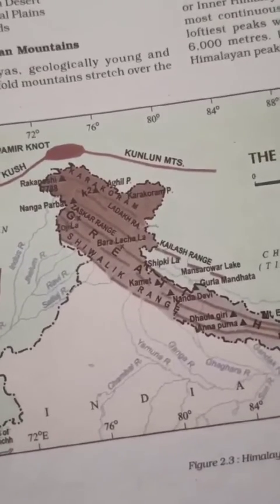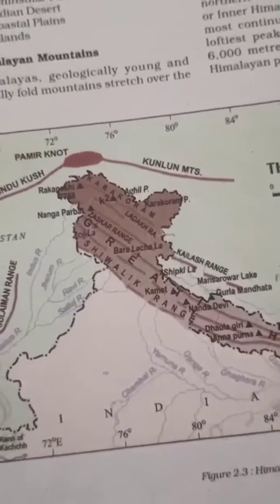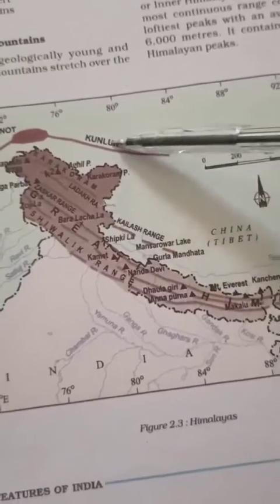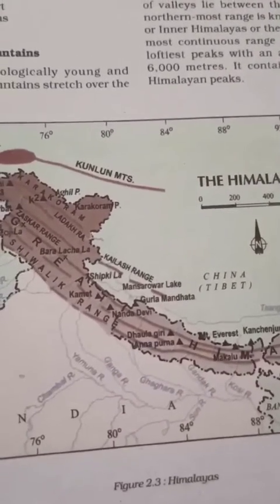The Himalayas, geologically young structural fold mountains, stretch over the northern border of India. These mountain ranges run in the west-east direction from the Indus to the Brahmaputra River. The Himalayas represent the loftiest and one of the most rugged mountain barriers of the world.